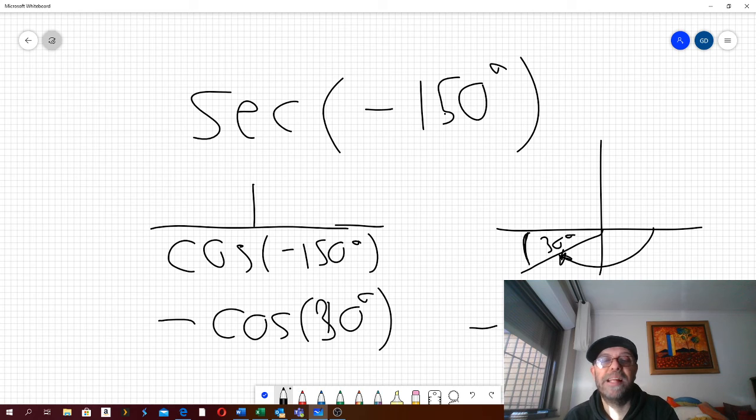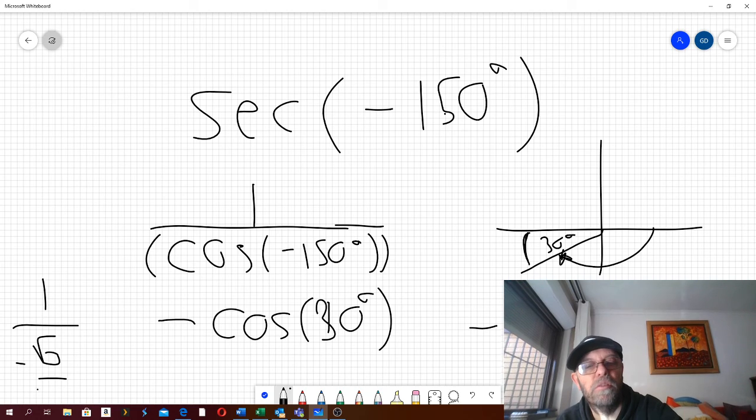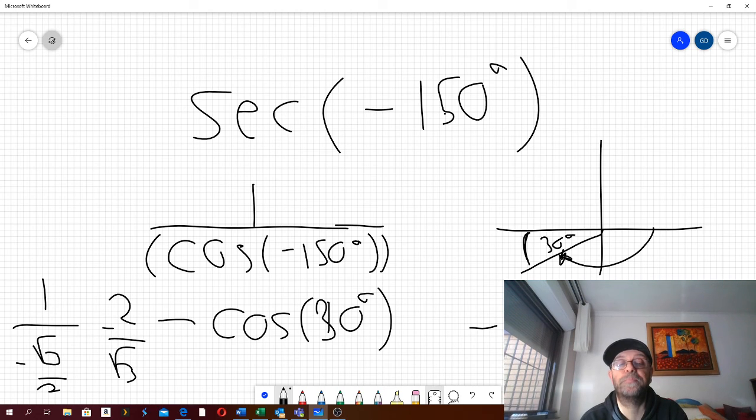But remember, that's the value underneath the line, so this must actually be 1 over that value. 1 over minus root 3 over 2 is the same as minus 2 over root 3. It just inverts. And 1 over 0.866 comes out to 1.15. So negative 1.15, or negative 2 over root 3, is the answer for this one.